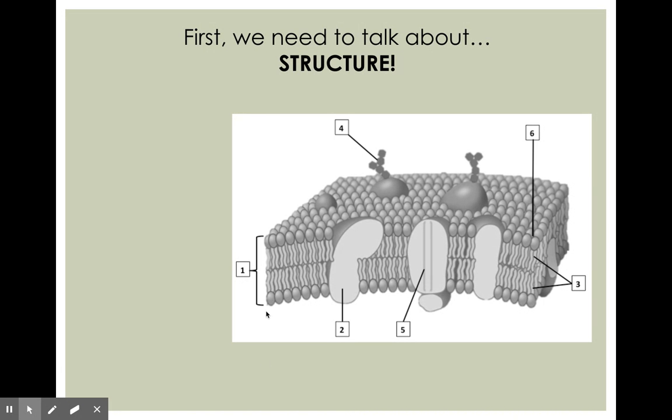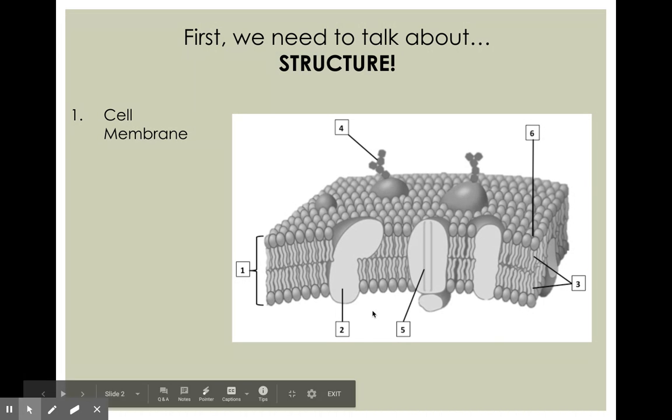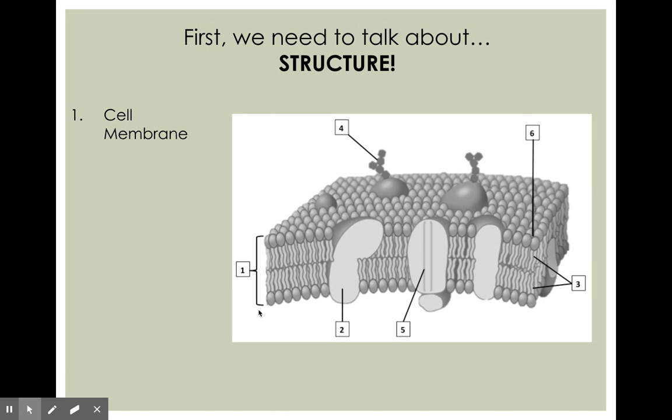Imagine it going around in a circle and completing the whole cell itself. So number one is referring to the cell membrane itself, okay? You're going to notice that there's two layers, and we're going to talk about this in just a moment, but number one is referring to the cell membrane itself.